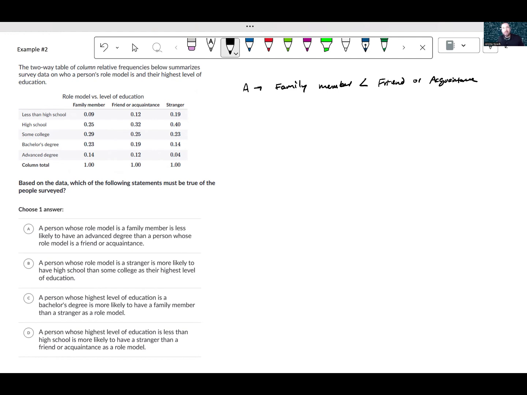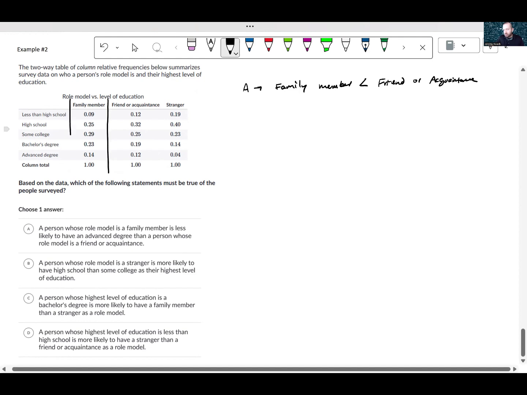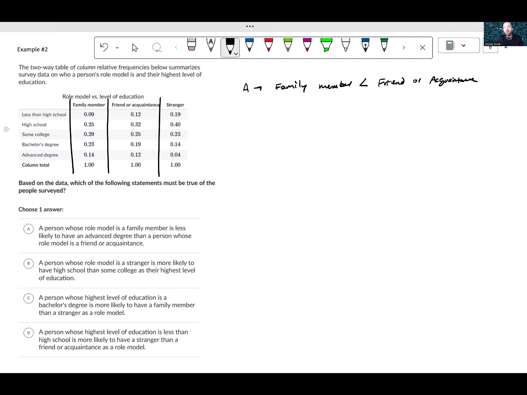This is just looking at the entire column. So we're looking at family members or acquaintances, and we're also looking at the advanced degrees. So now we're going to look at the advanced degrees section. That's here and here.